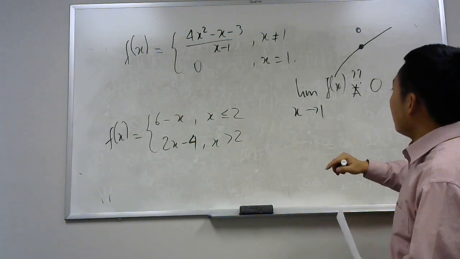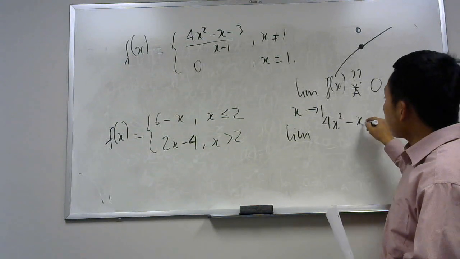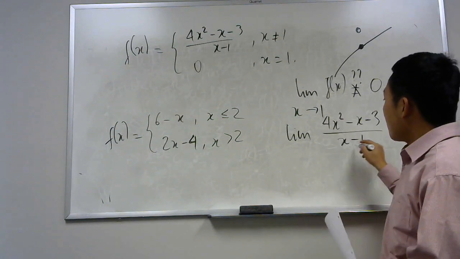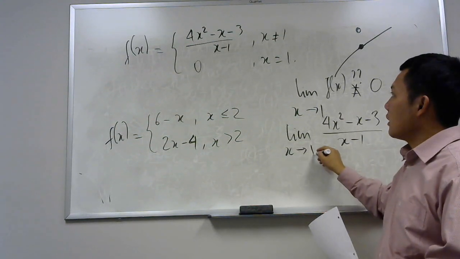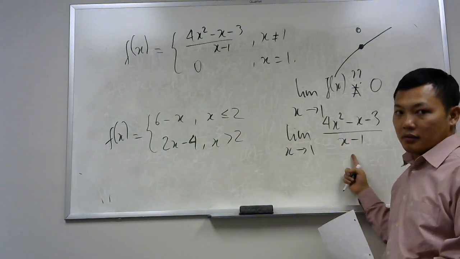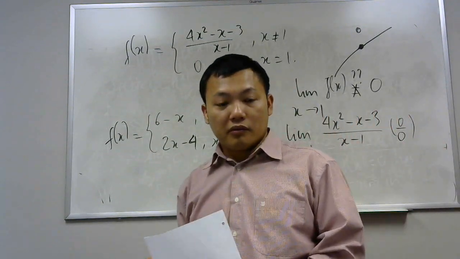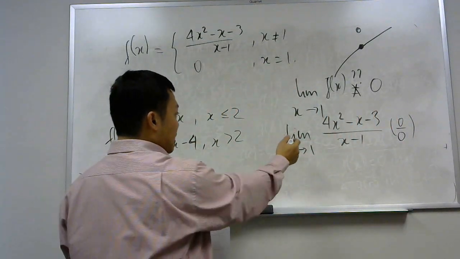Okay, so let's check the limit of f. The limit of 4x squared minus x minus 3 over x minus 1 when x goes to 1, right? And when you plug 1 into this function, you get 0 over 0. Similar to the first problem, we can factor. Let's factor this out.